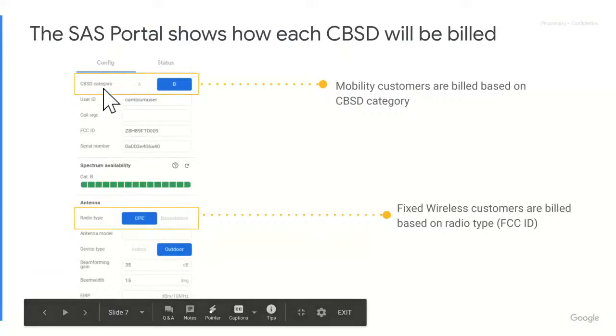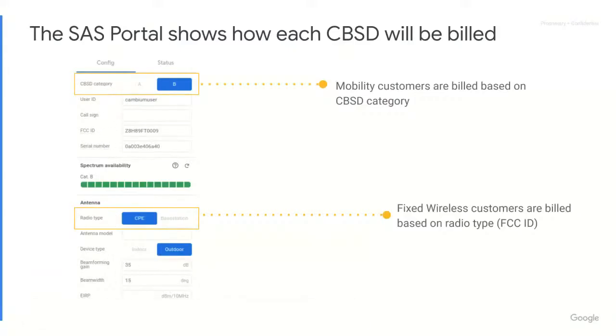In the new SAS Portal, we show you for each device what is the CBSD category, A or B. And that way, if you are a non-fixed wireless customer, you'll be able to see what those devices are going to be, what you're going to be charged for those devices.